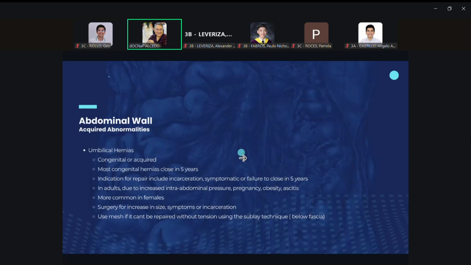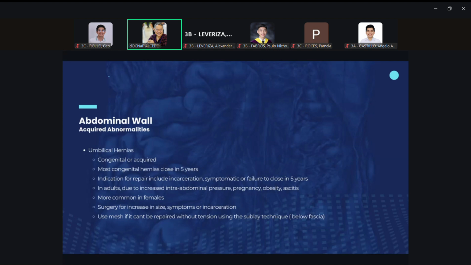Now, if there is increase in size or there is a chance that this is incarcerating or strangulating, then you advise surgery, or do immediate surgery if it is possibly strangulated. Of course, if the defect is more than 2 or 3 centimeters, use a mesh, okay?